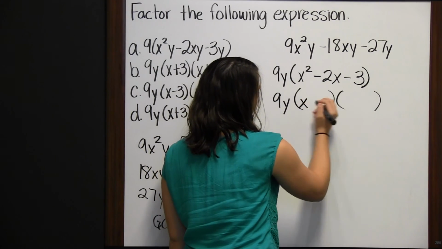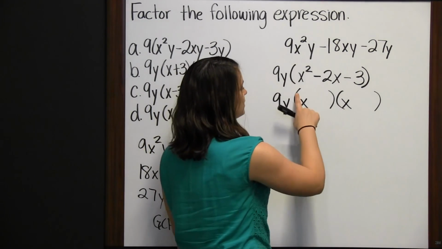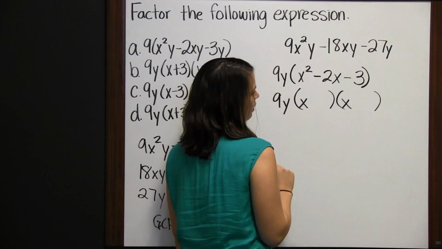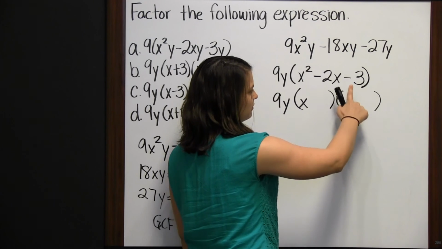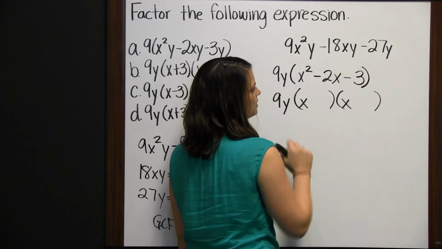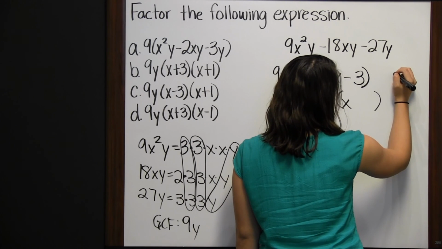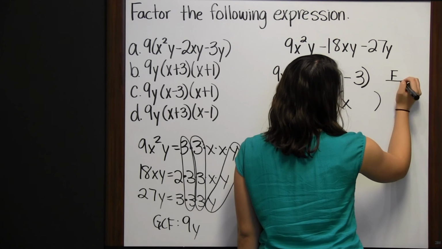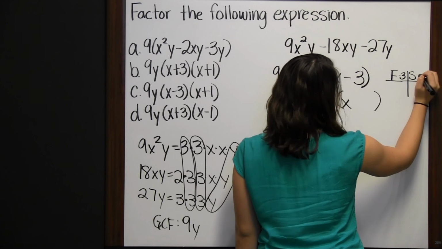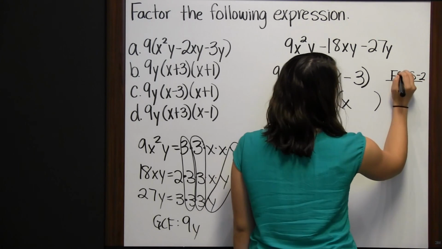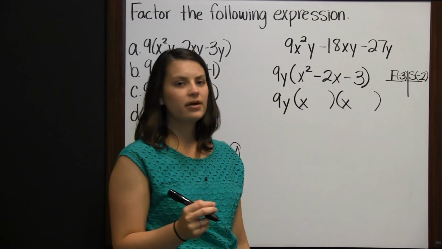Well, I know that I'm going to have x and x as my first term in each set of parentheses, because x times x is x squared. Now the numbers that go here have to multiply to give me negative 3 and add to give me negative 2. So we need the factors of negative 3 that have a sum of negative 2.